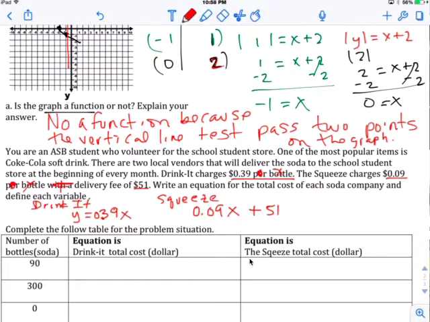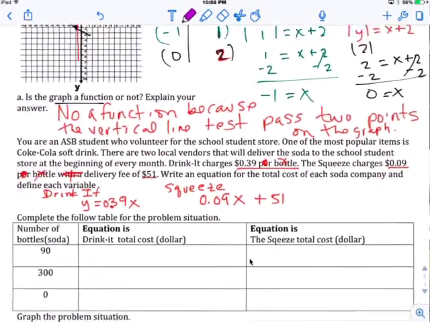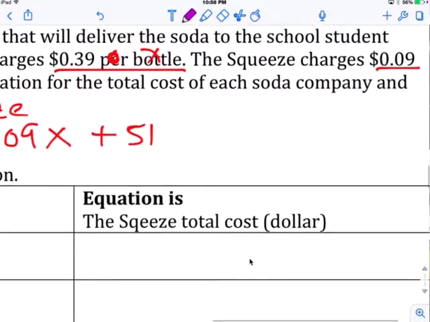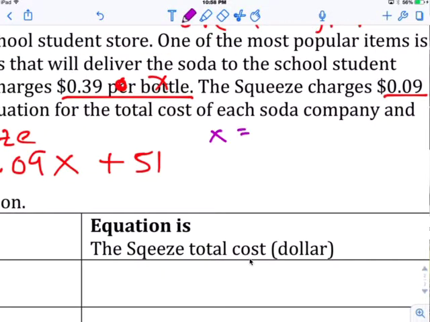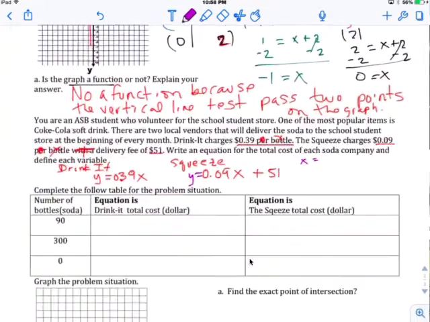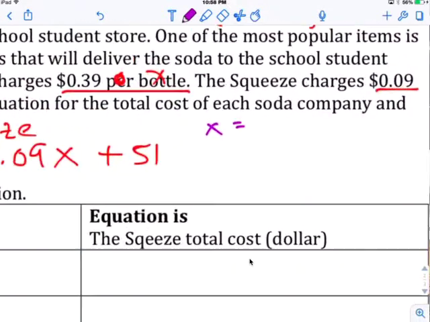So x represents the number of bottles and y represents the total cost. X is the number of bottles, y is the total cost.